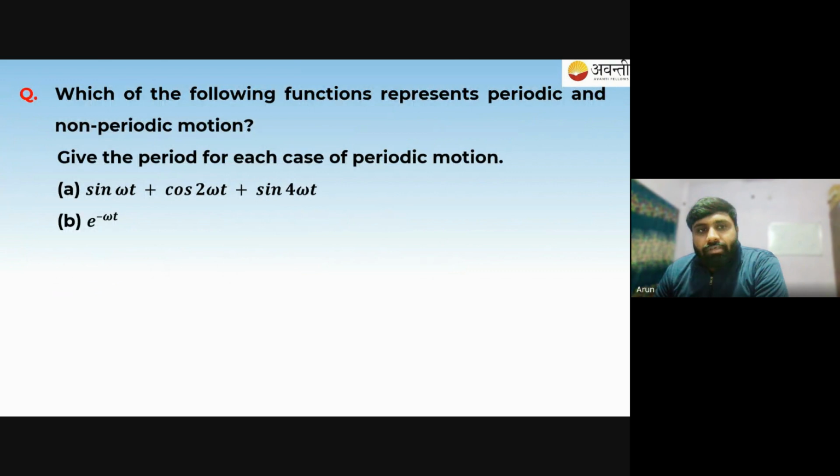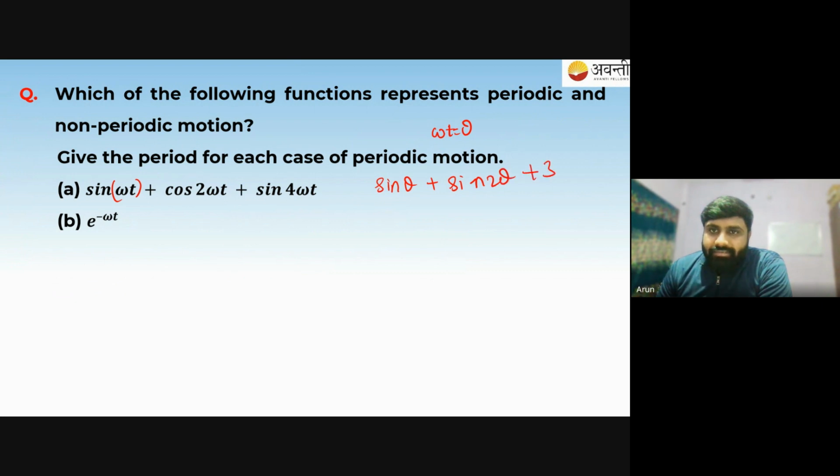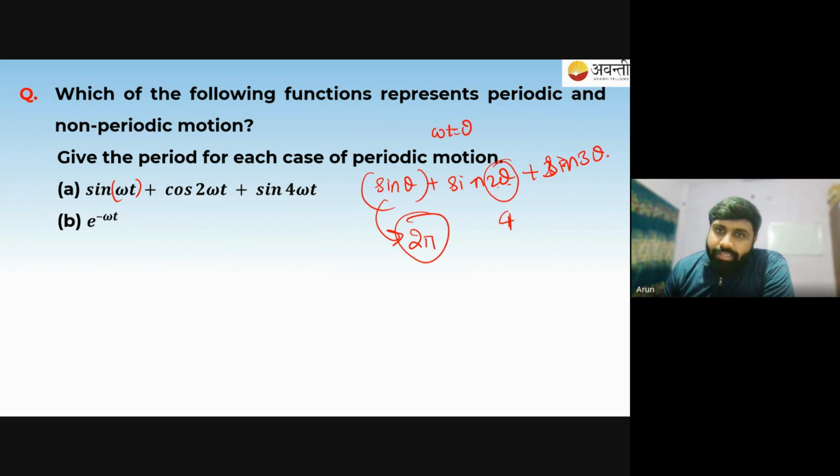So if you talk about sine omega t, you can consider it as theta. So it is written as sine theta plus sine 2 theta plus sine 3 theta. If sine theta is repeating its value after 2 pi, this sine 2 theta will repeat its value after 4 pi.